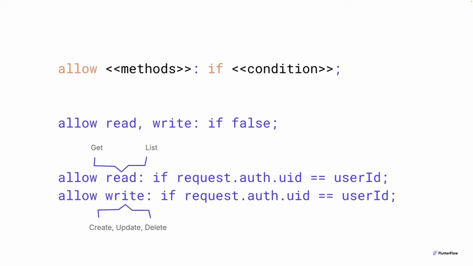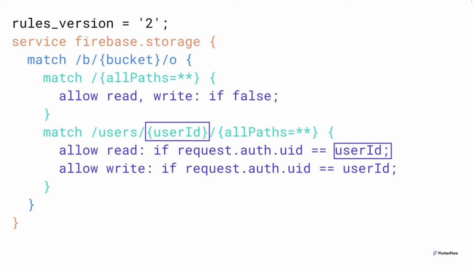The permission methods often are get, list, or conveniently read, create, update, delete, or conveniently write. The conditions can be either from built-in Firebase expressions or by writing your own condition.